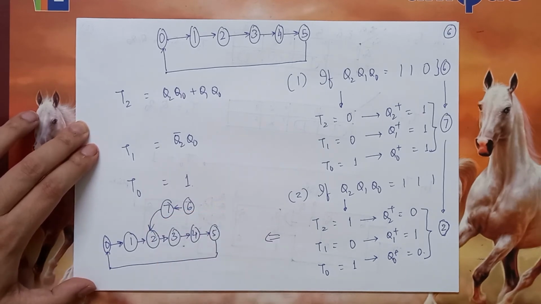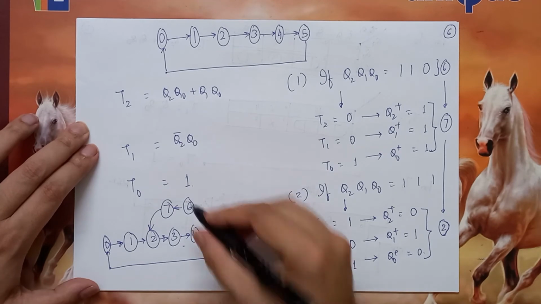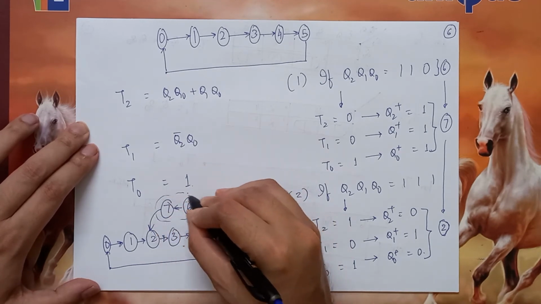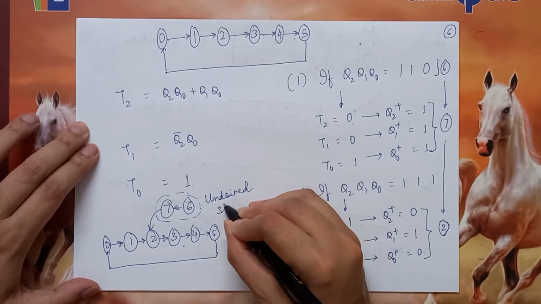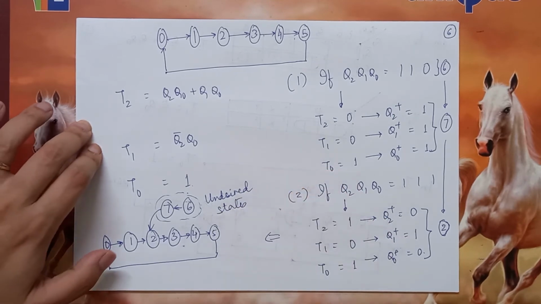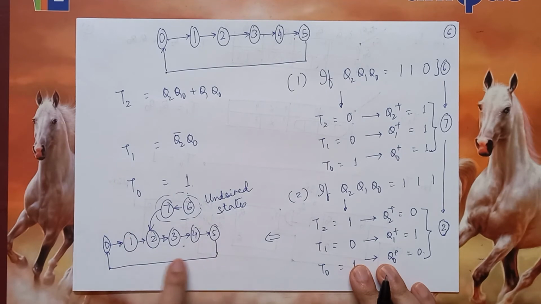So what we are seeing is that even if these are the undesired states, these are coming back at some point to a part of the known chain.